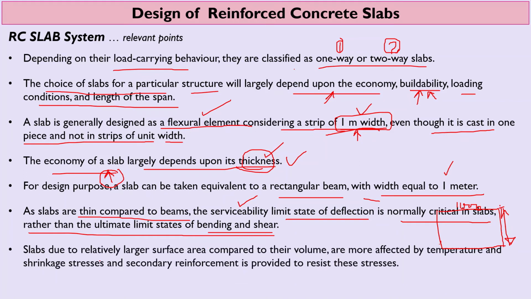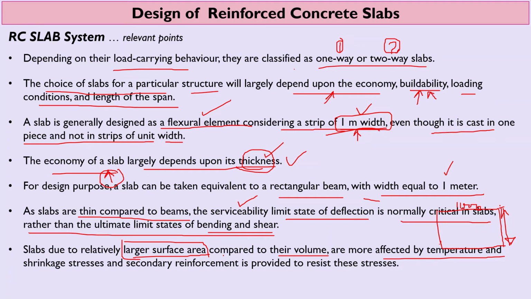Now slabs, due to their relatively larger surface area compared to their volume, are more affected by temperature, because the effect of temperature is directly influenced by how much surface area is exposed to the weather conditions. So in case of a slab, whatever the volume, you will observe that the surface area is comparatively higher.